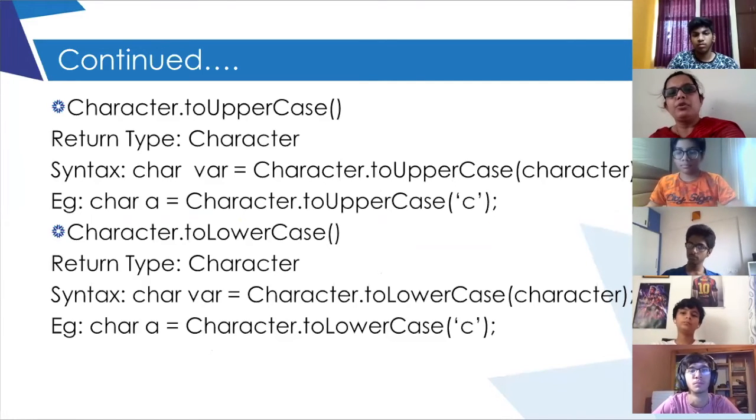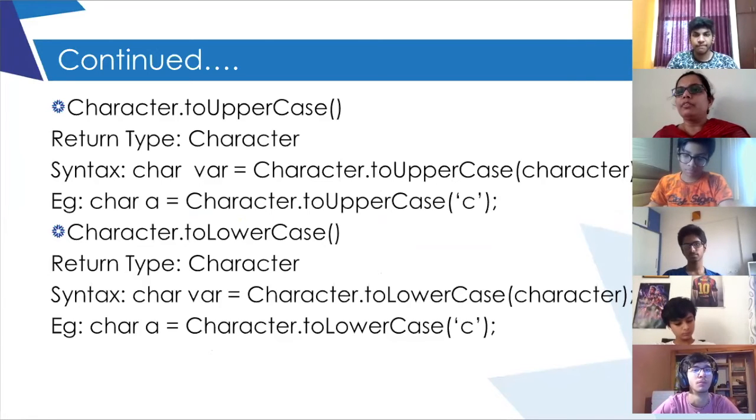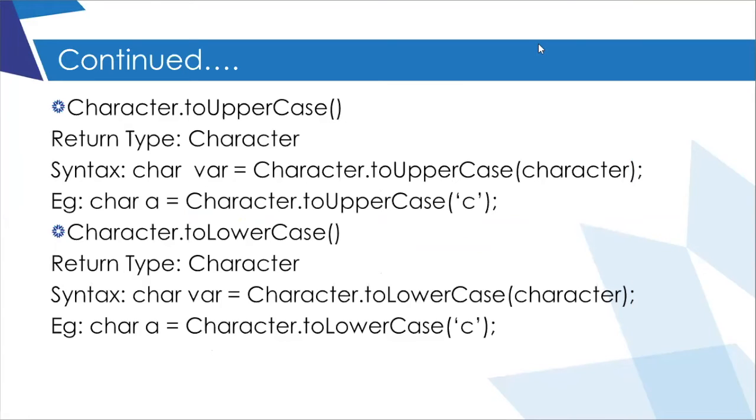Here, if you have used toUpperCase with the variable c, this function will convert the small c into capital C and store it in variable A. Similarly, toLowerCase will convert the letter written in the function into lowercase and store it in the variable.